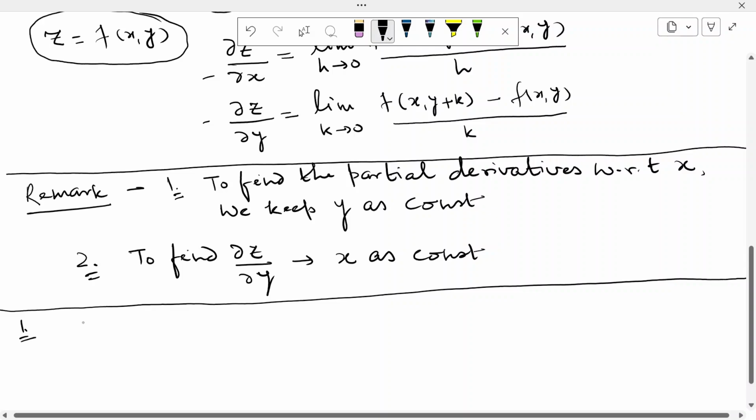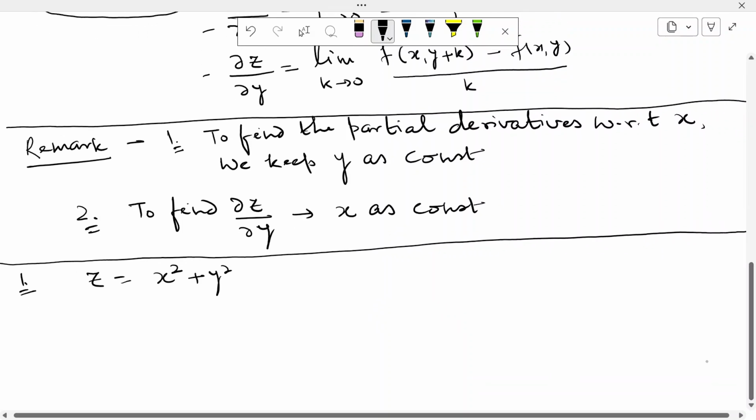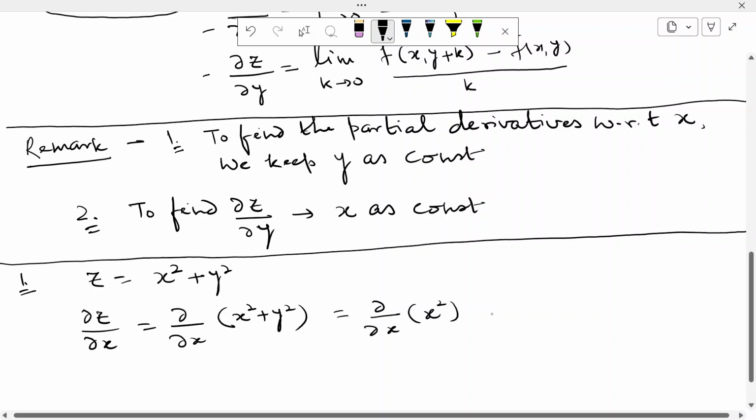Let us say we are given a function z which is x square plus y square. I am taking a very simple example here. If you have to find del z over del x, if you put the expression of z, that will be del over del x of x square plus del over del x of y square.